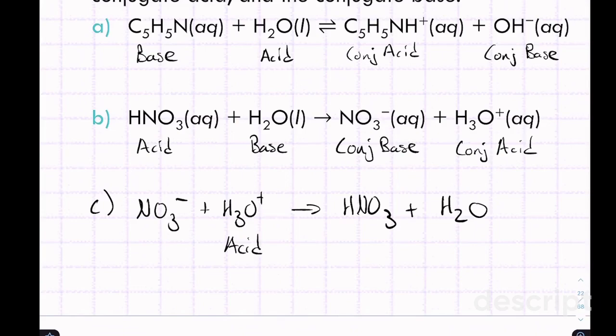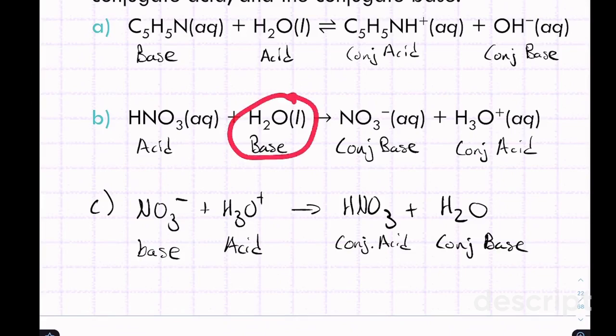And then the NO3 minus would be the base. So then the conjugate acid would be the HNO3. And then the conjugate base is the H2O. So from our previous reaction, right, water here in B was the base.